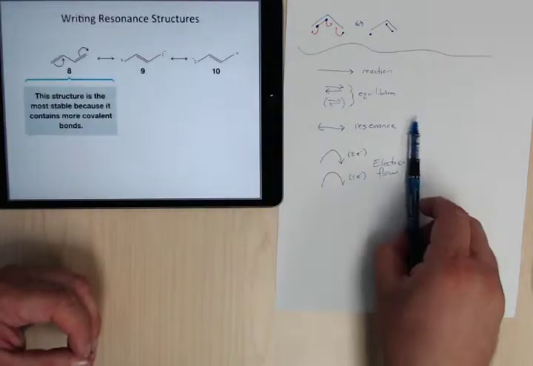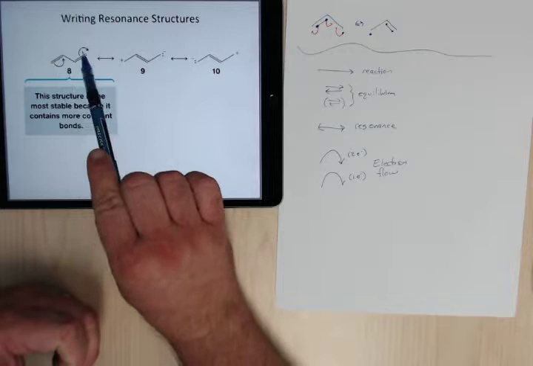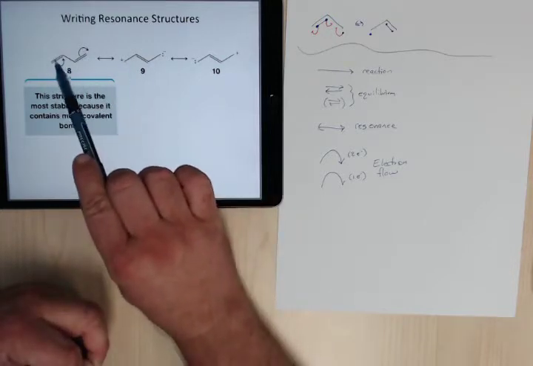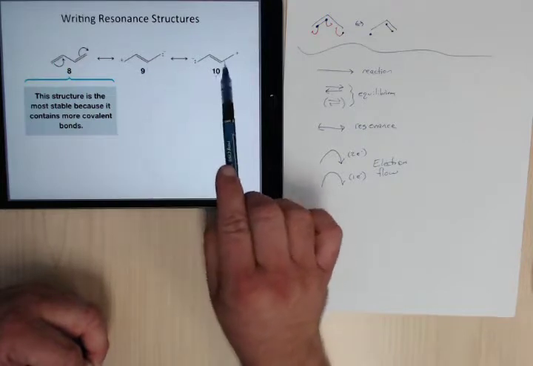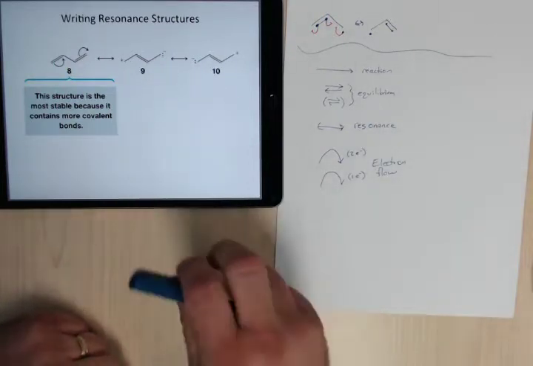So what you don't want is, so here, everybody has their bonds filled, more covalent bonds, right? So, just look at the pi bonds. This has 2, this one only has 1, this one also has 1. Also, the charges are fairly far away. That's not good.